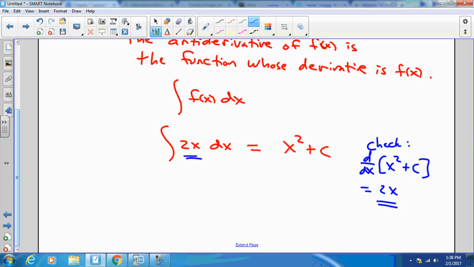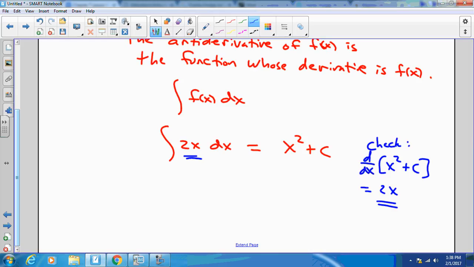When I take the derivative of x squared plus c, what I get is 2x, which is identical to the original. We call that the integrand. And because this function has the same derivative as the original, it must be the function that we are seeking, because two functions with the same derivative are the same function within a constant.